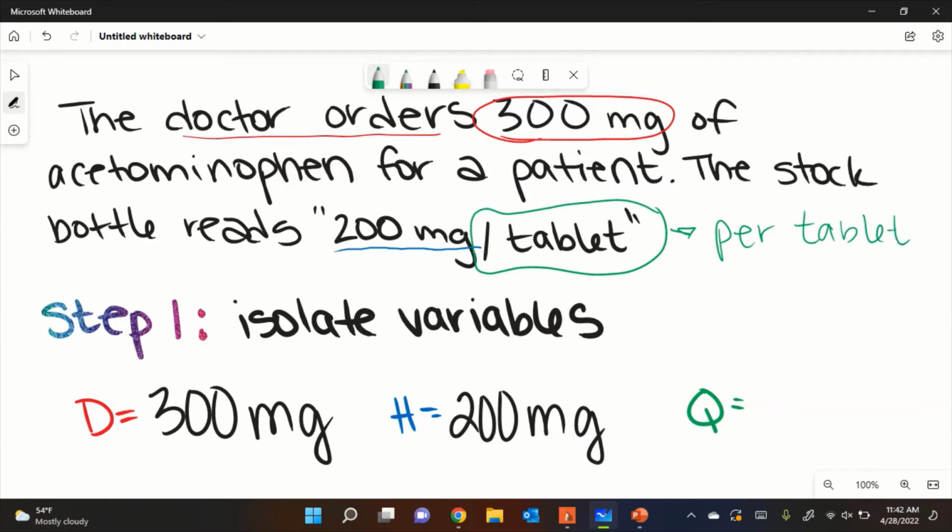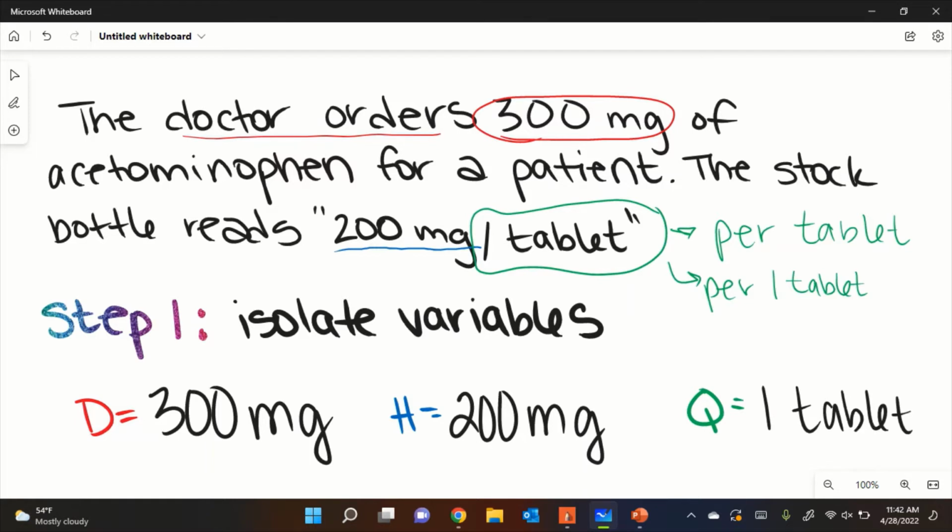Or if you wanted to get even more technical, we could rewrite it as per 1 tablet. And so our Q is equal to 1 tablet, because you have to consume 1 tablet in order to have consumed 200 milligrams of medication.